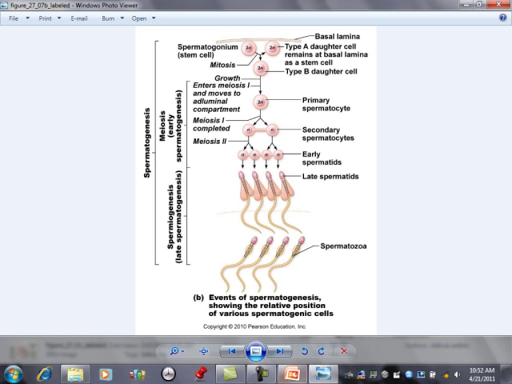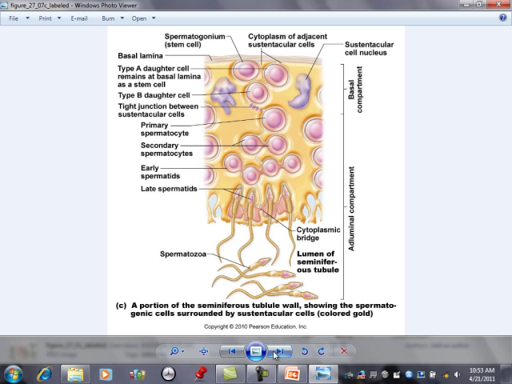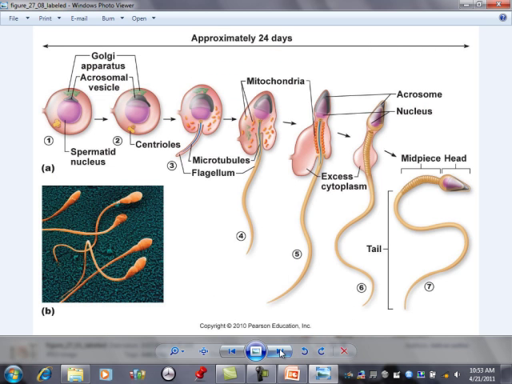Another closer look, an illustrated look at their travels through the seminiferous tubules. So we see the spermatogonium, those immature cells, that will then go through the division process that we just talked about to form spermatozoa, and then those spermatozoa are released into the seminiferous tubules for their travels.